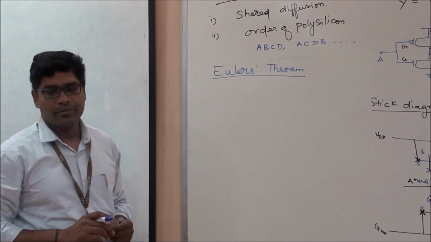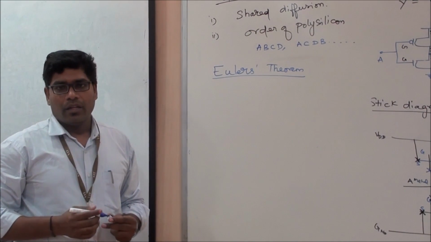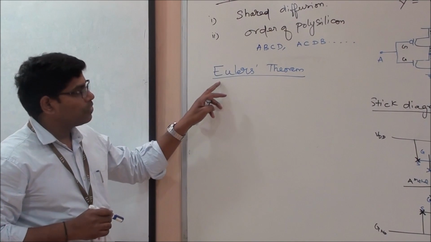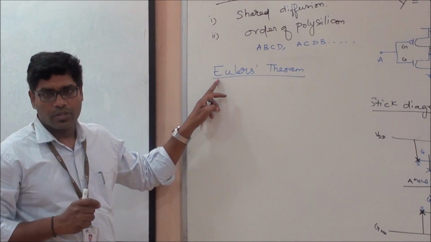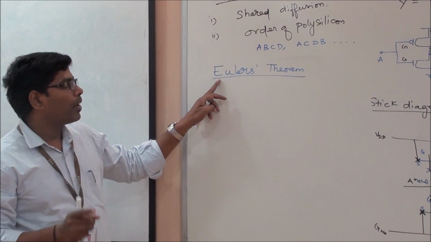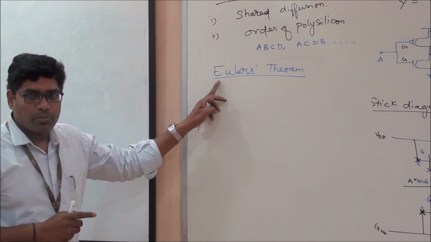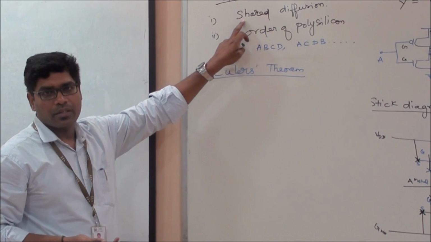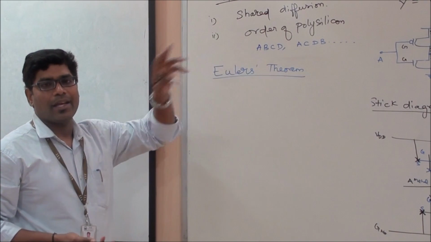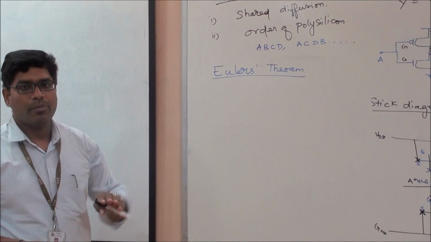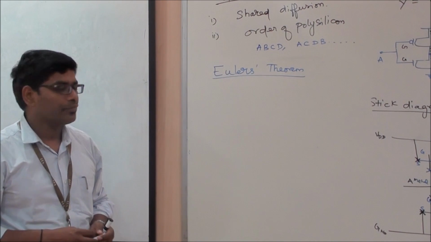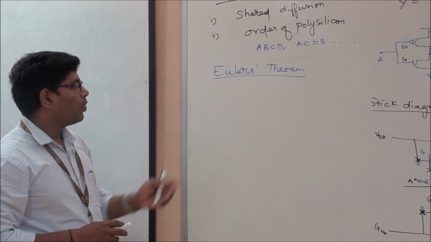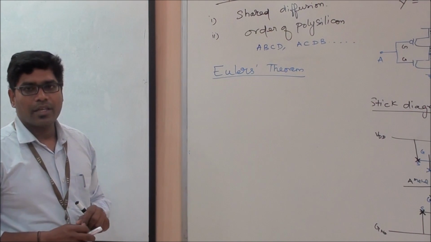The Euler's theorem is used for finding out the sequence of a poly line that needs to be laid on my layout so as to have a shared diffusion, because a shared diffusion will give me a minimum amount of capacitance. Okay. Now what does this Euler theorem say?